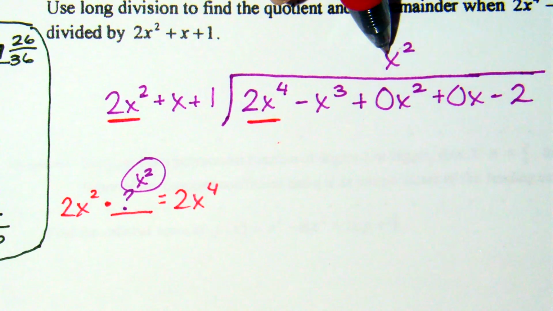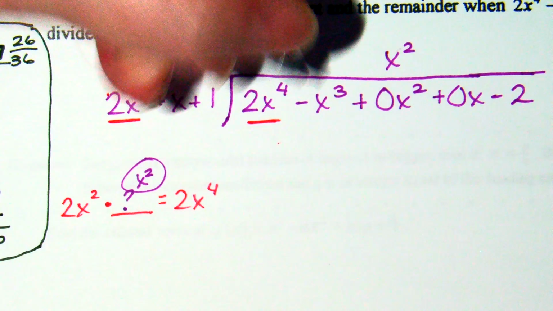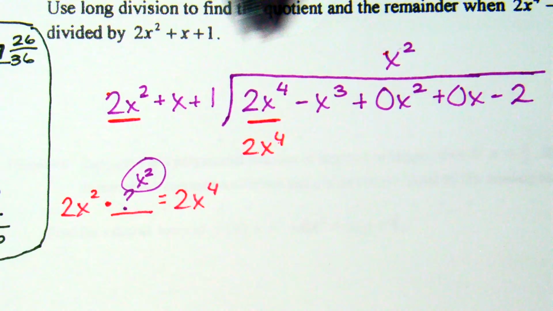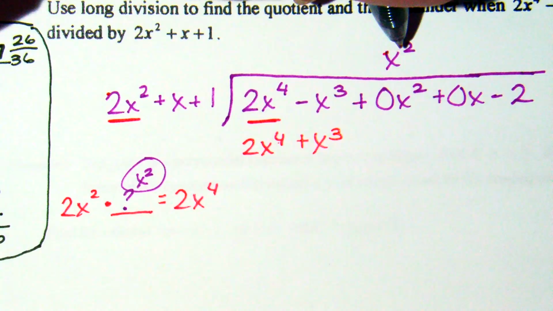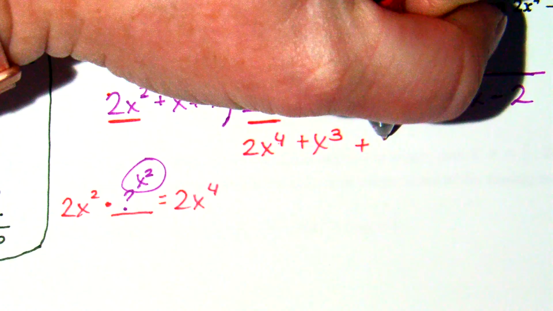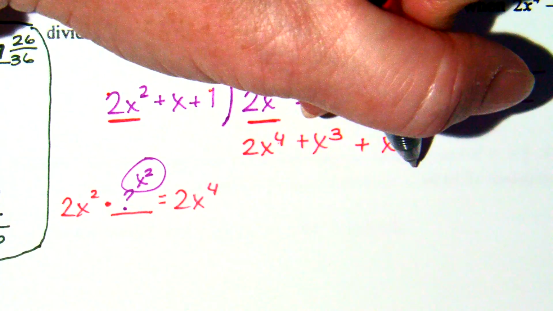Okay, so x squared times 2x squared is going to be 2x to the fourth. X squared times x, plus x to the third. X squared times 1, plus 1x squared.